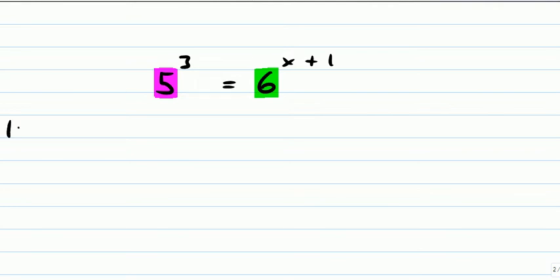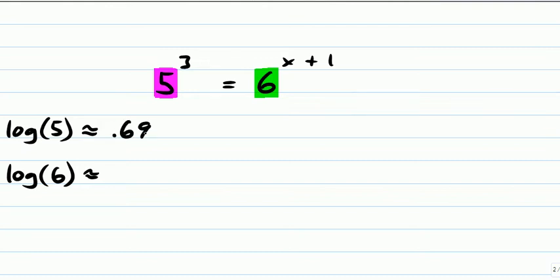So I'm going to go log of 5 is approximately something. Log of 6 is approximately something. So log of 5 is approximately 0.699. Log of 6, 0.778 about.